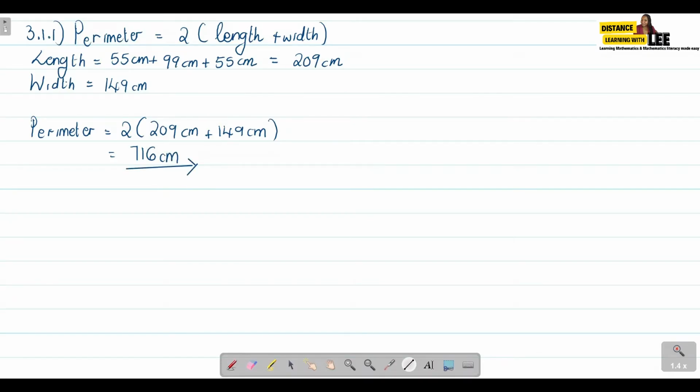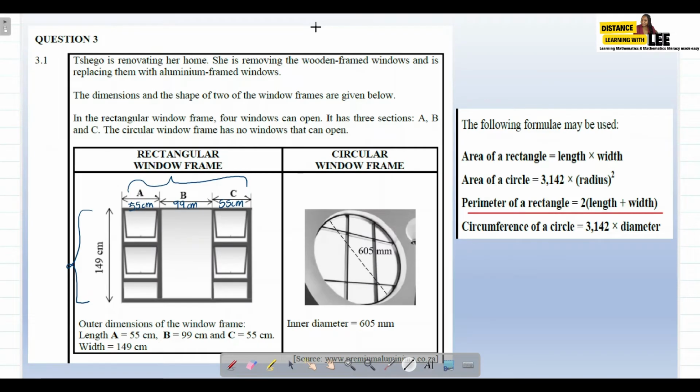Let's say, for example, they didn't give us the formula for perimeter, right? How would we then calculate the perimeter of this window frame from what I told you about the perimeter?